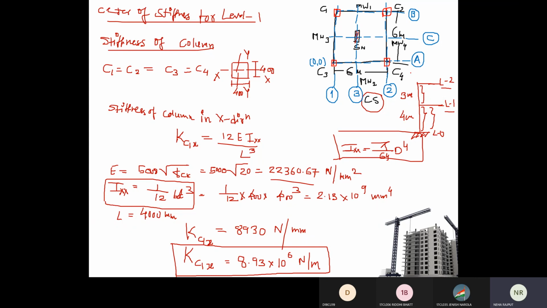X direction stiffness or Y direction stiffness? X. X direction.